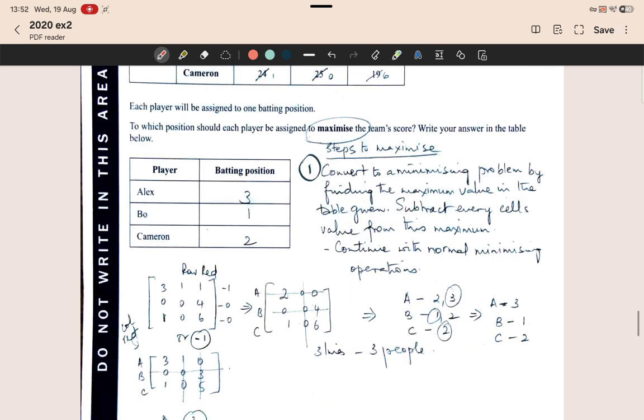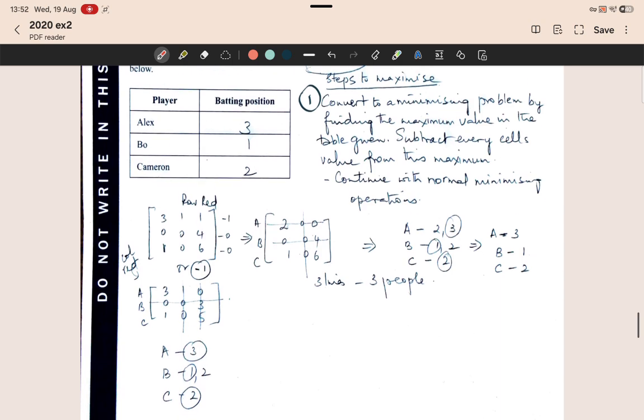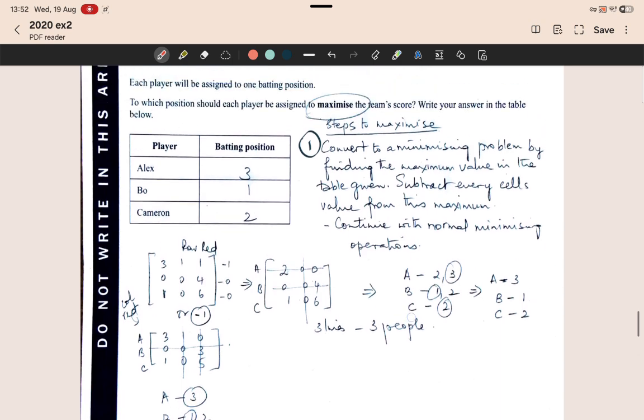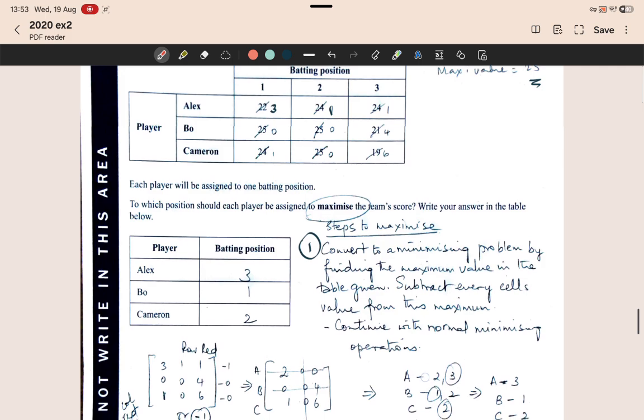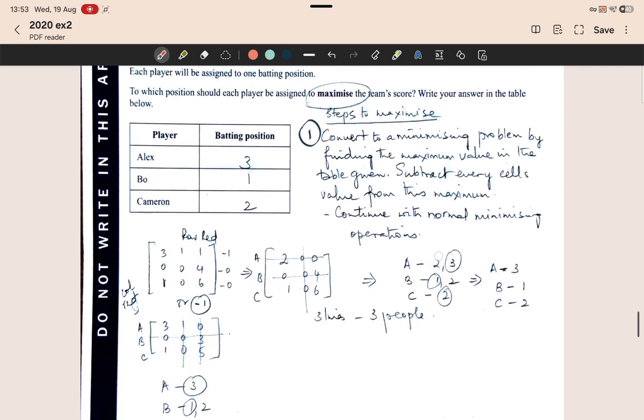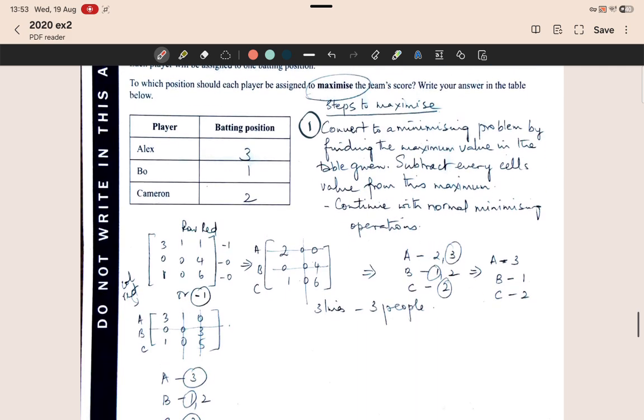So here I've explained to you the row reduction. Now the original values that we got were 3, 1, 1 in the first row, 0, 0, 4 in the second row, and 1, 0, 0, 6 in the third. Now if you see, the first row has no zeros in it. The second and the third row have.